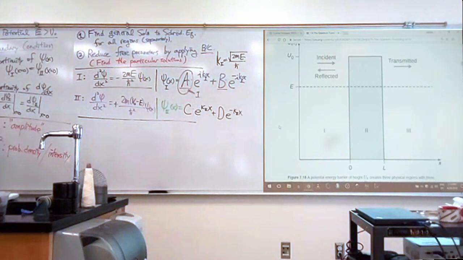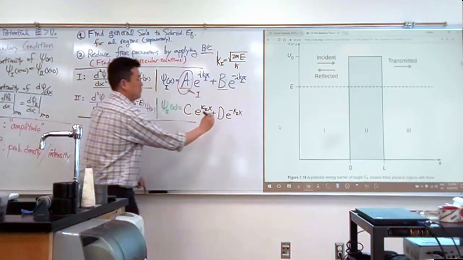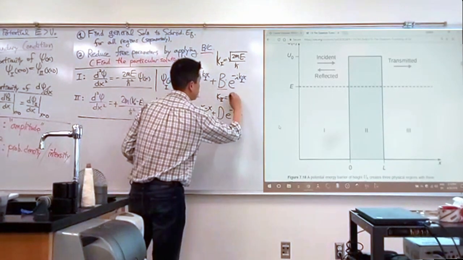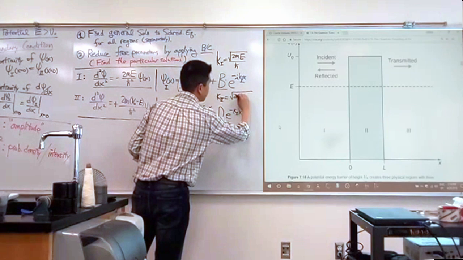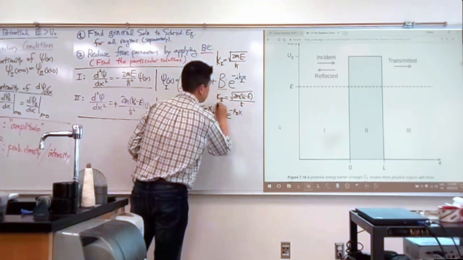And all right, so those are my, oh, I guess I should write down my definition of kappa. So kappa 2 is defined as the square root of 2m times V naught minus E over h bar.